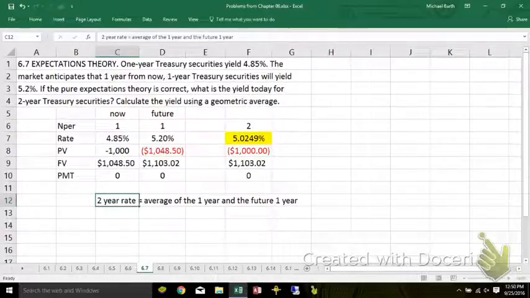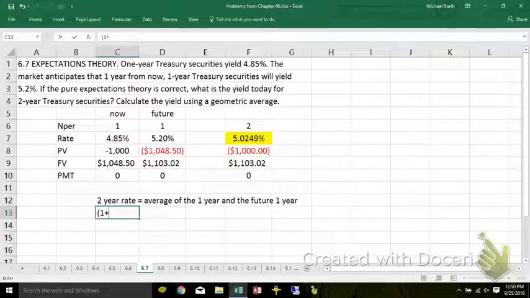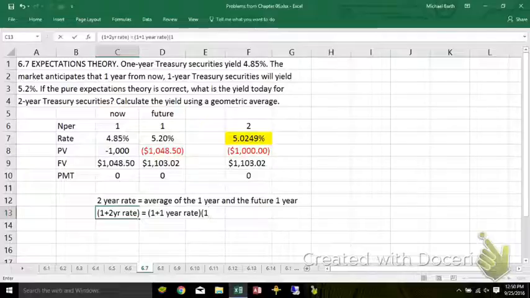Okay, so if I was going to take 1 plus my 2-year rate, it would have to be equal to 1 plus the 1 year rate times 1 plus the future 1 year rate.